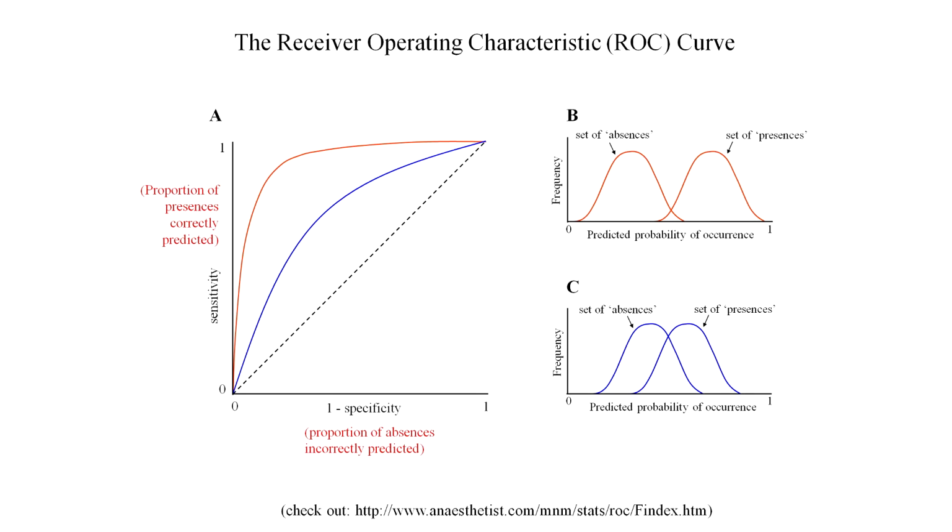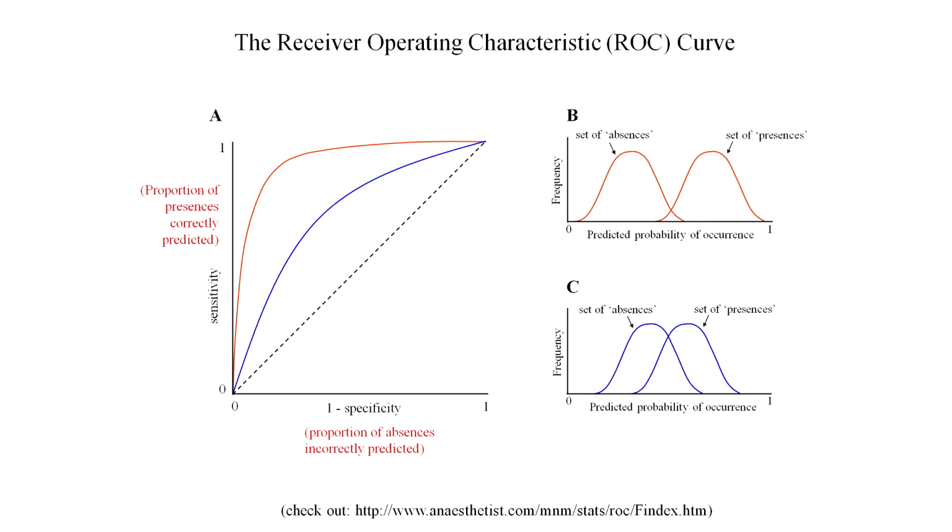We're getting all of our presences correctly predicted, and the proportion of the absences that are incorrectly predicted is 0. It's a bit of a mind twist to get around how this plot works, but you'll get used to working with them. So a perfect model is going to go along the top and then down the y-axis as we move our threshold from 0 towards 1.